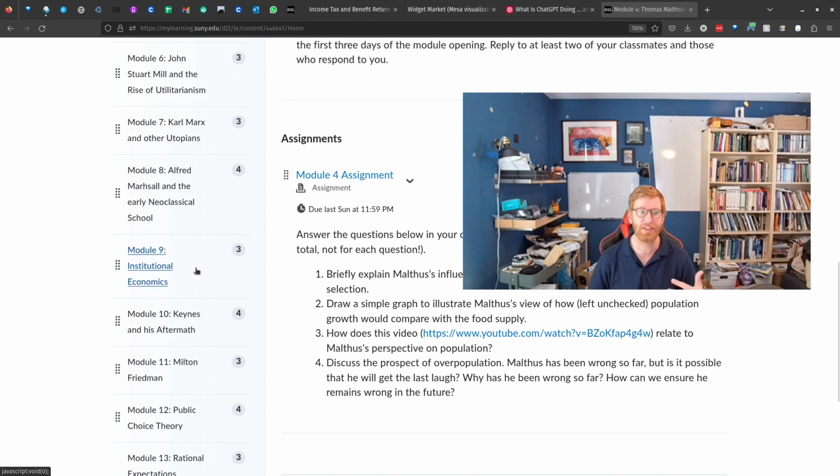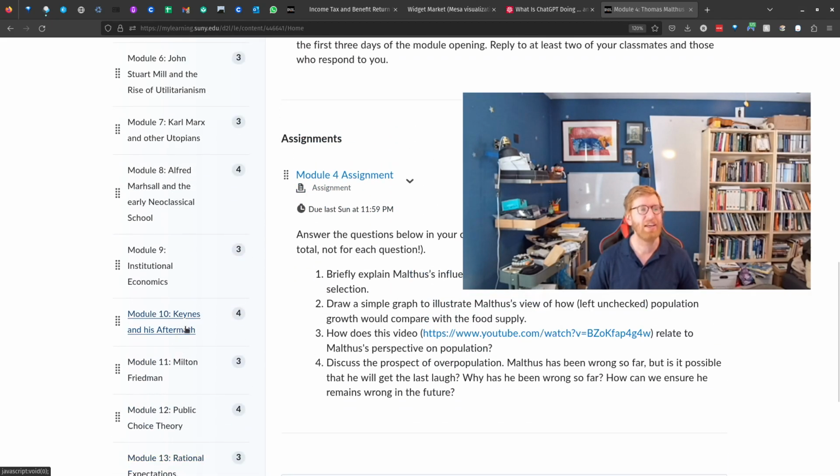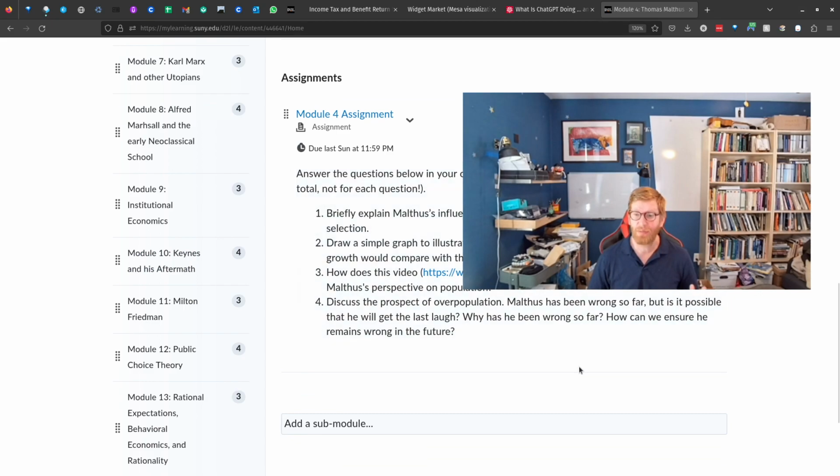Veblen used this phrase of economists seeing people as lightning calculators. Right? We kind of over attribute intelligence to common people with modern mathematical economic models. So hopefully we get some more refinement later on in the semester. But I think Malthus was kind of understating people's capacity to change what they're doing.